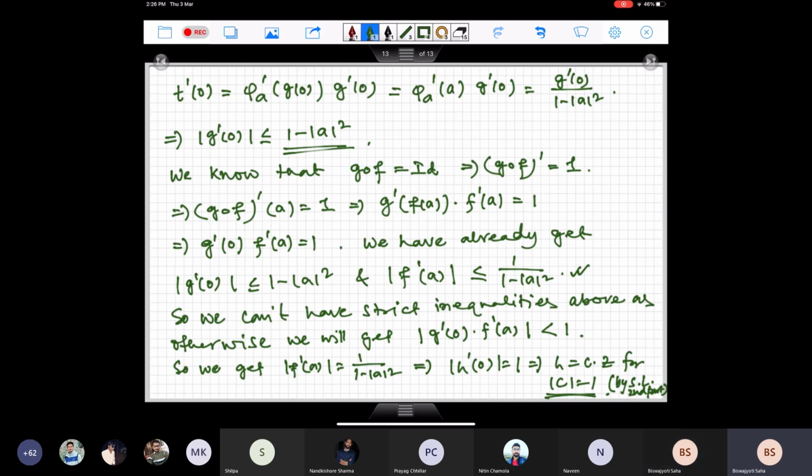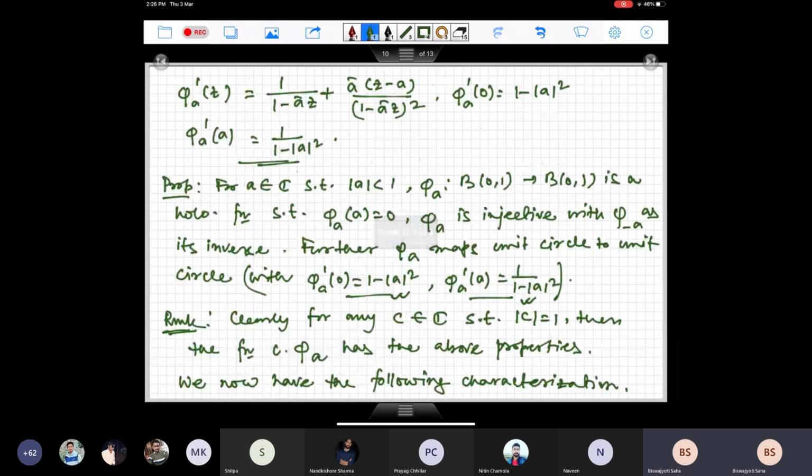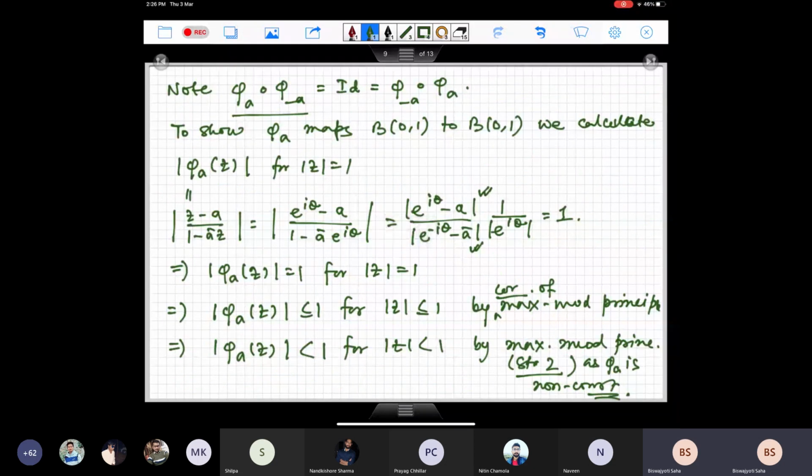Okay, anyway, so we have therefore understood the kind of biholomorphic functions one could get on the unit disk. Now, these kind of functions that we have encountered over here are studied in a more general sense.